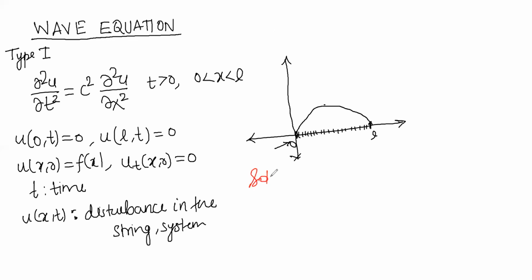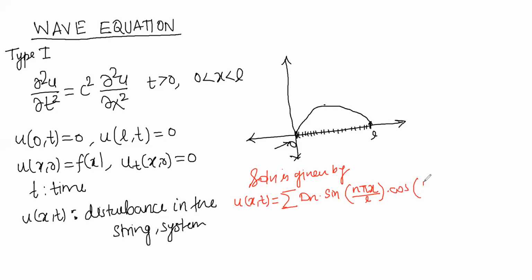So its solution is given by u of x, t equal to the summation of d_n into sine of n pi x upon L, into cos of n pi c upon L times t. So this is the solution of the wave equation.